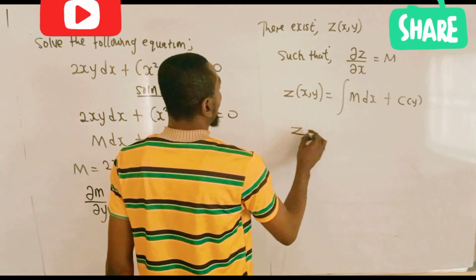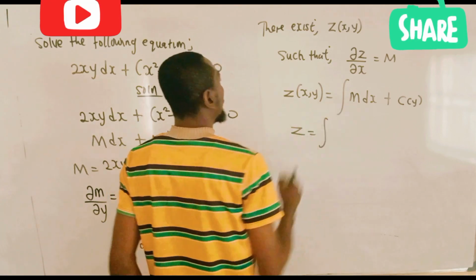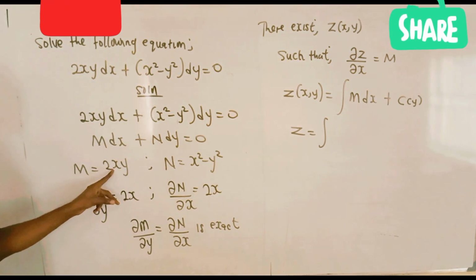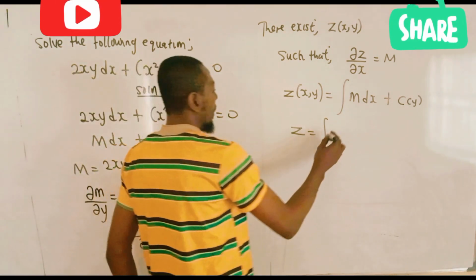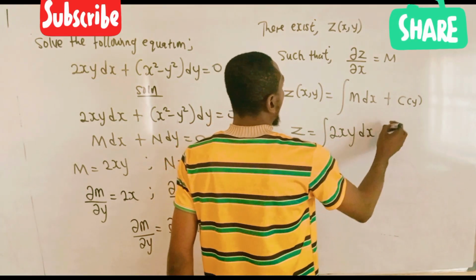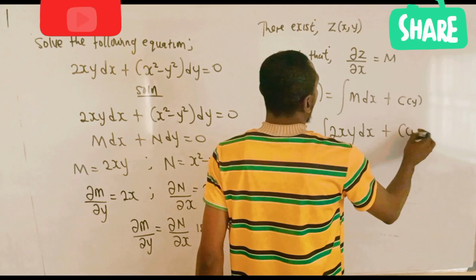So z is equal to the integral of M, and M is 2xy, with respect to x, plus c of y.